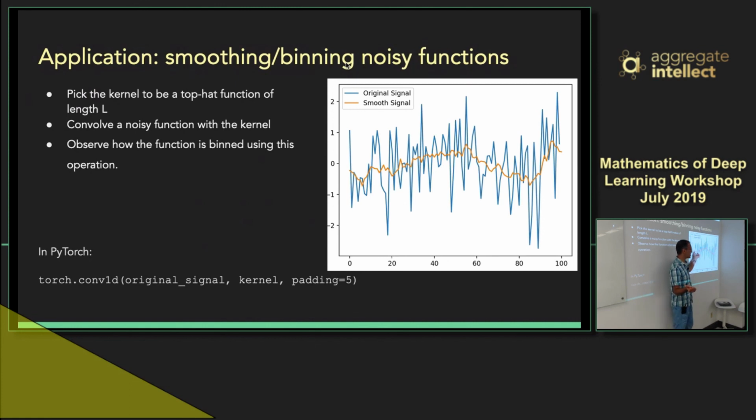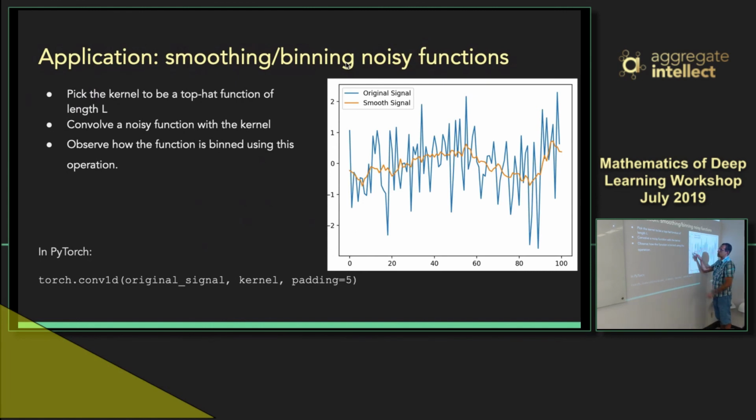Yes, torch.random. So you define the blue function, and this is a super noisy function. Then what we do is that we will take the kernel to be a constant function, just equals 1, between 0 and 10. All right? Just like that.